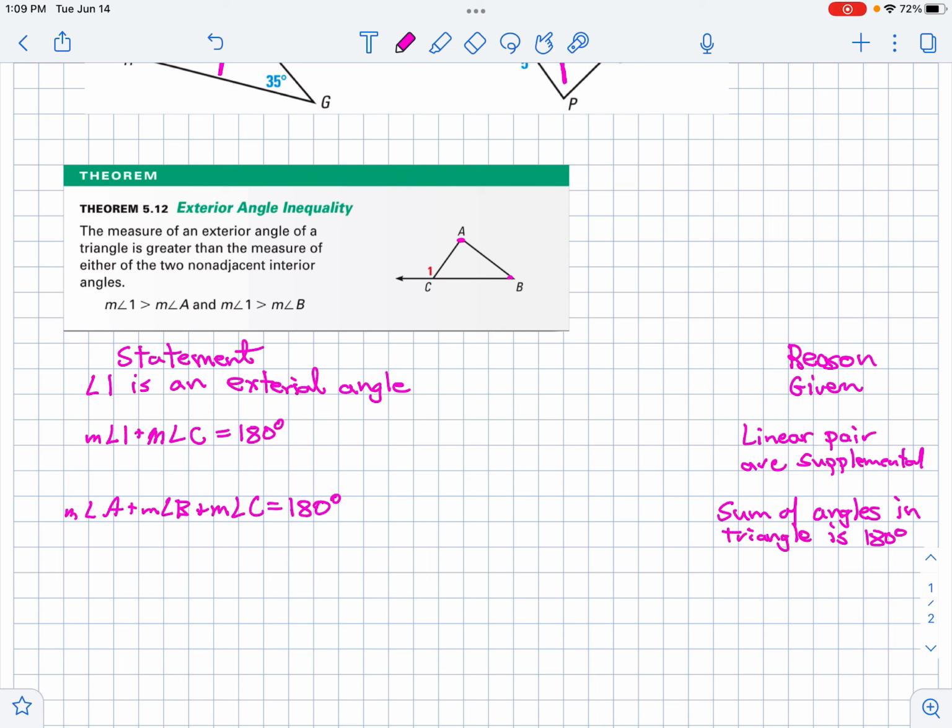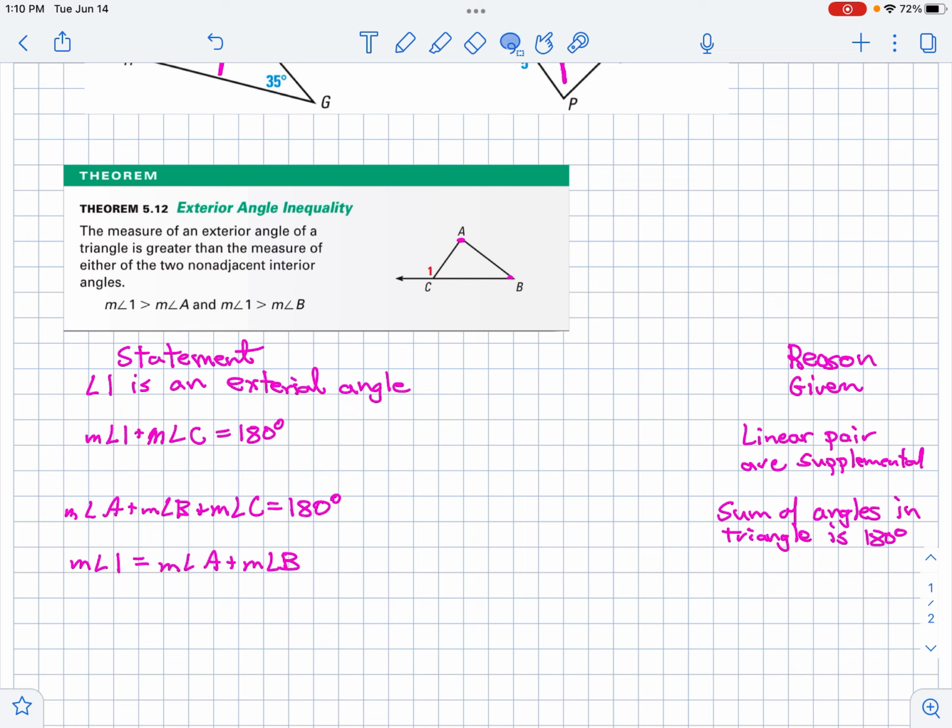Now dig what we have here. We have the measure of angle 1 plus the measure of angle C is 180. And the measure of angle A plus the measure of angle B plus the measure of angle C is 180. Therefore, the measure of angle 1 is equal to the measure of angle A plus the measure of angle B. And the reason for that is because they're supplementary to the same angle.